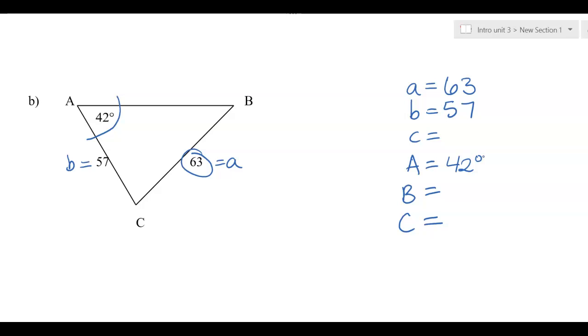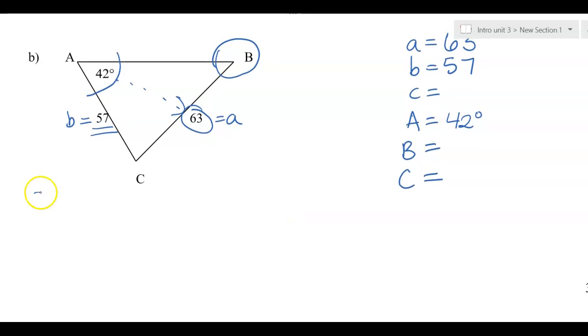What is the only thing I can actually solve for right now? Angle B, okay? Can't use Pythagorean theorem because it's not a right triangle, so you definitely can't find your other side length. You have this angle and this side across from it. The only other piece of information you have is this side, and it would correspond with angle B. So that's the only other ratio you can build where only one thing would be missing.